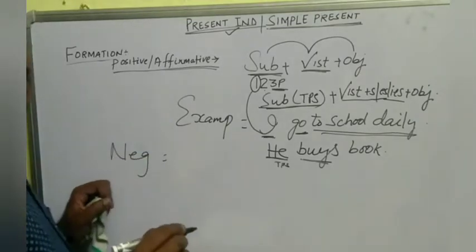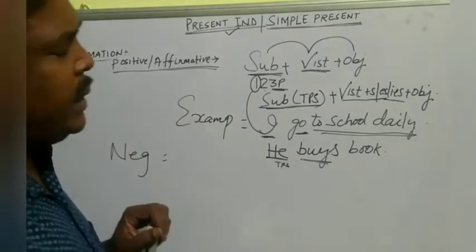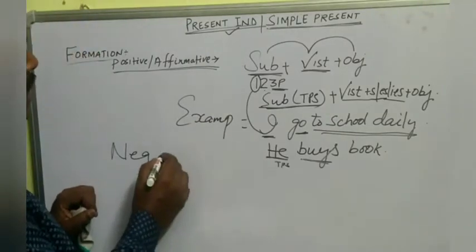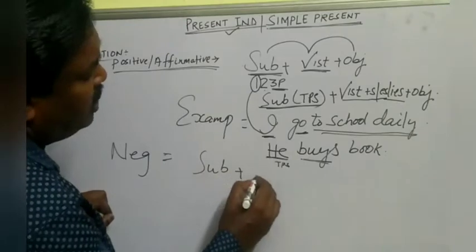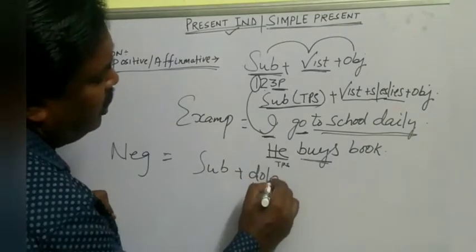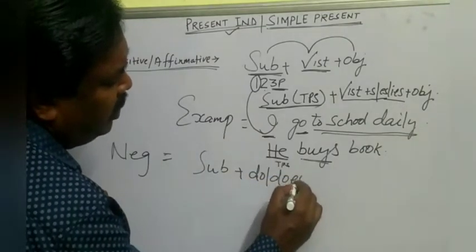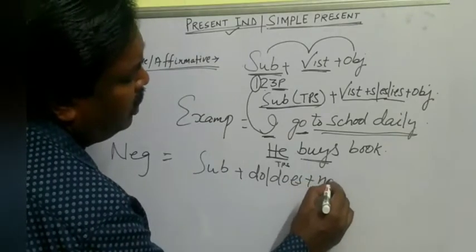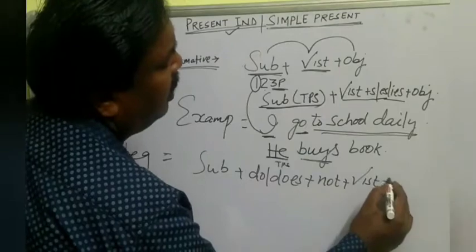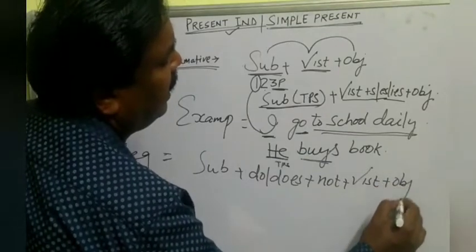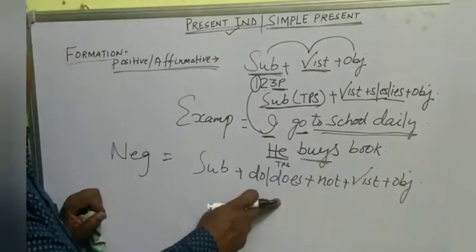What is the formation of negative sentences? In negative sentences, we use subject plus do or does helping verb plus not plus first form of verb plus object. Is it clear?